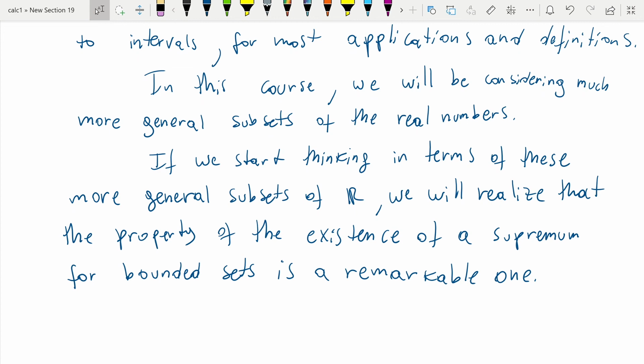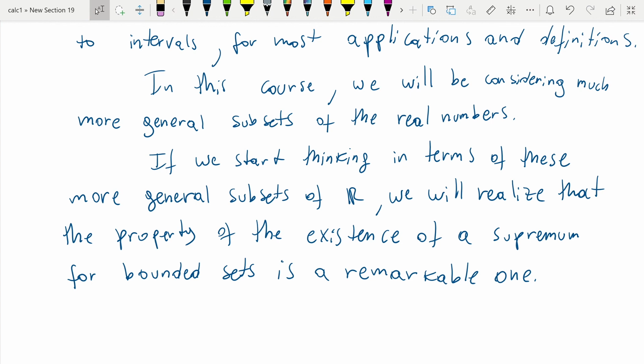If it's an open interval, maybe B doesn't belong to the set, but you can actually see that B is the upper bound. Also, if you're given a more general set described in an abstract way, then you'll see that the existence doesn't come immediately, and it's not obvious that any set would have such a supremum.